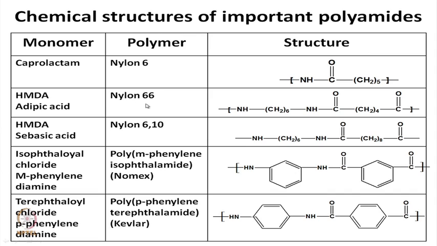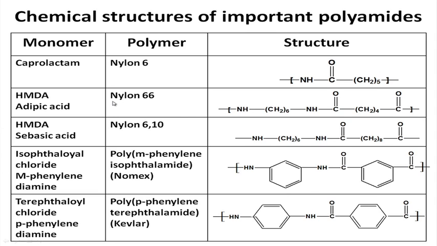For preparing nylon 6,6, this caprolactam is not suitable. Here hexamethylene diamine as the amine part and adipic acid as the acid part are condensed through nylon salt formation to produce nylon 6,6 polymer by melt polycondensation at high temperature, say around 265 to 270 degrees Celsius.